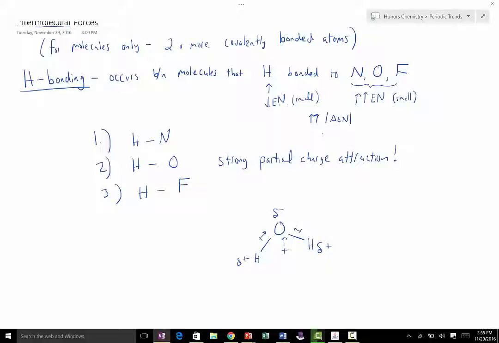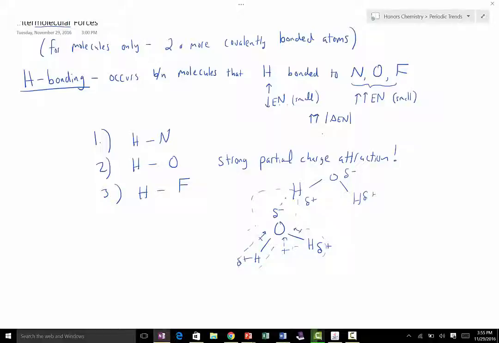So all my electrons are hanging out over here, and not so much time by hydrogen. So what happens is if the hydrogen atom of another water molecule is close by, it's also partially positive. Partial charge negative, partial positive.